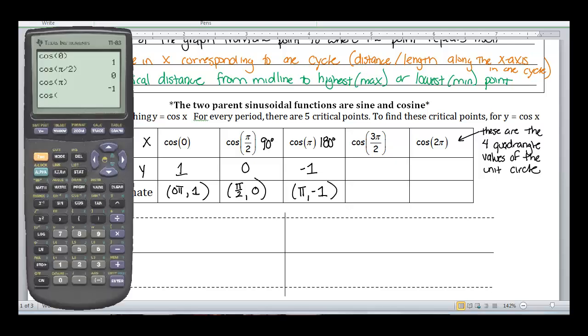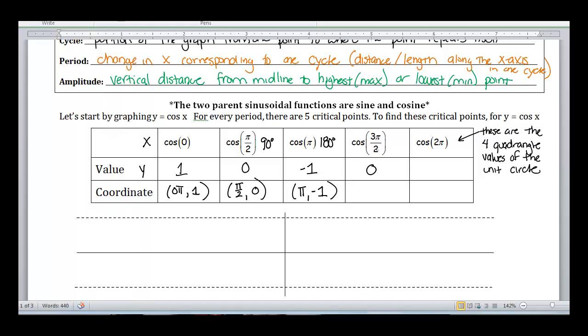For the cosine of 3 pi over 2, I get a value again of 0. So at 3 pi over 2, or 270 degrees, I'm at the ordered pair (3 pi over 2, 0). Then when we go back to 2 pi, remember, that is the same value as 0 pi on our unit circle.